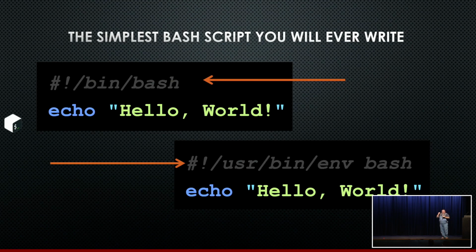You're calling the env environment command, which says look up the following thing. So using /usr/bin/env, look up where bash is located and then run that. So you may have it located in a different place, but have that defined as the primary bash command. So it's going to make use of that. If you see either one of these, just understand all it's doing is trying to find where the bash binary is and run it.